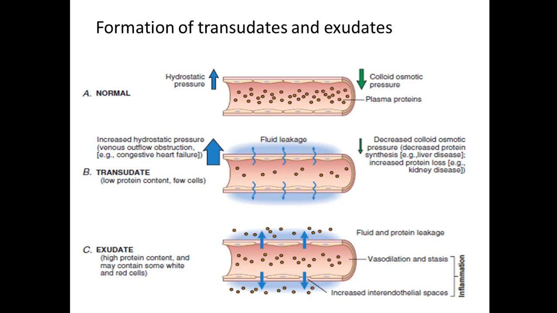The gaps are not so open to allow cells and proteins to leave the blood and go into the extravascular space. So the transudate will be low in protein and contain a small amount or a few cells. So we have understood the transudate.